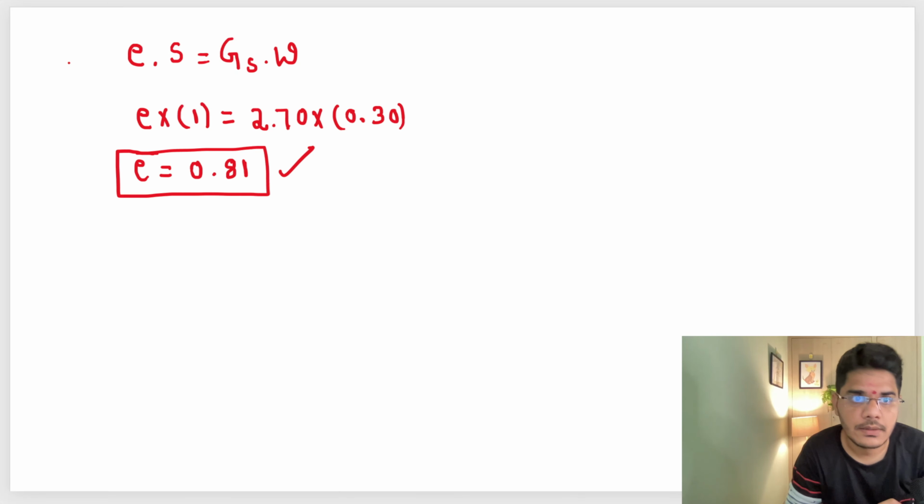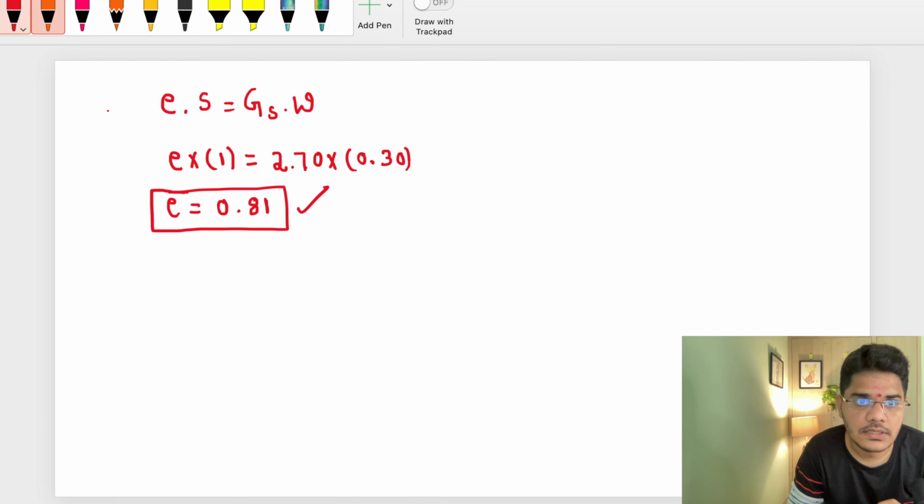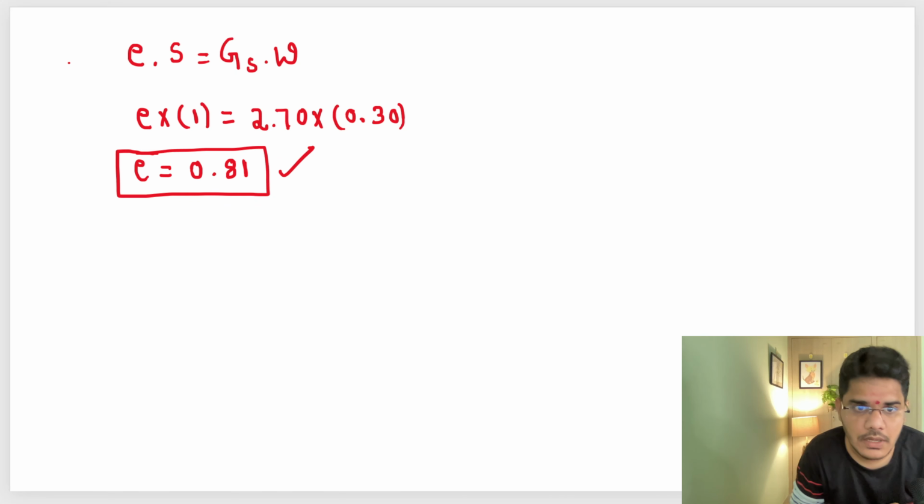We have calculated E. Next, what do we have to calculate? Second one, gamma sat.